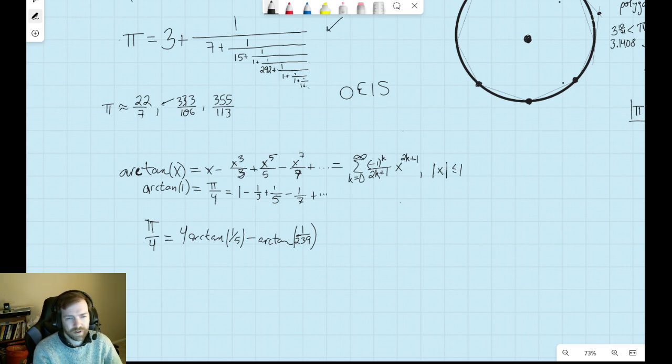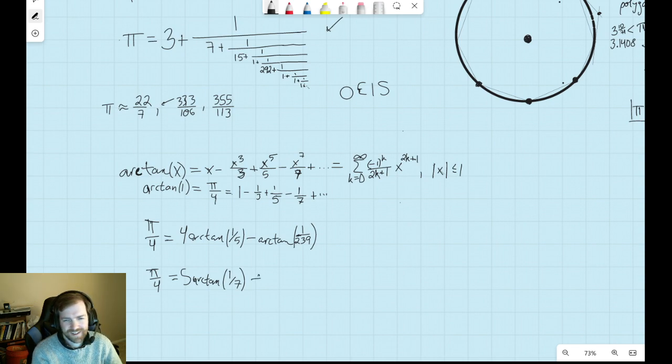Which Euler decided, you know what, that's not good enough. So he did pi over 4 is equal to 5 arctangent of 1/7. Not really any better.